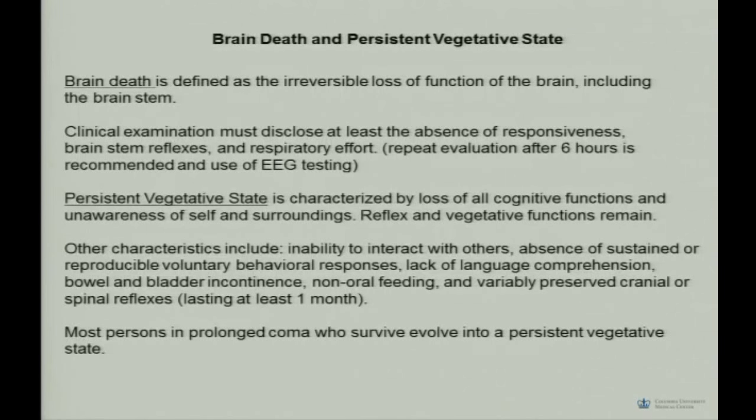And then if the person doesn't wake up very, very soon from a coma, they tend to progress into a persistent vegetative state. Okay? So a persistent vegetative state is really a loss of all cognitive function.